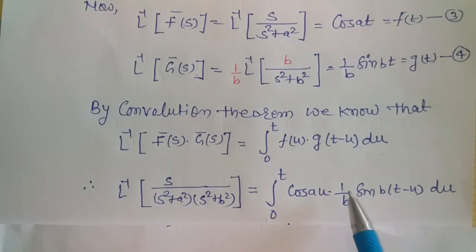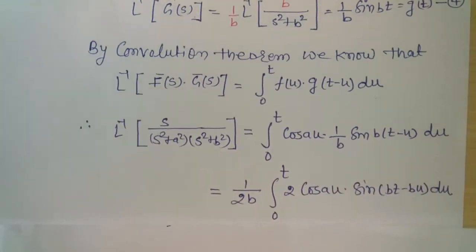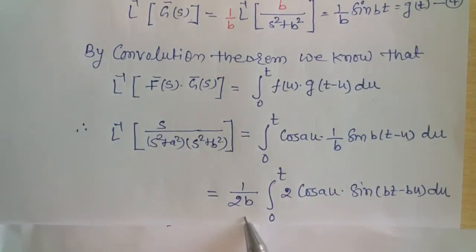Now 1 upon b is constant, so we write it outside, and then we multiply and divide this integral by 2. We get 1 upon 2b into the integral from 0 to t of 2 cos au into sin (bt minus bu) du.